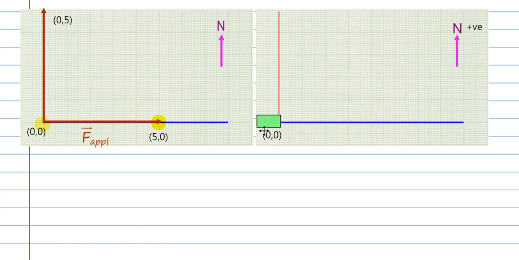What do you think would be the effect on this object? Where would it go? Perhaps you said that the object in question here might go partly to the east and partly to the north, that the ultimate direction of this block might be somewhere in this quadrant here. Well, let's see if that is in fact the case.